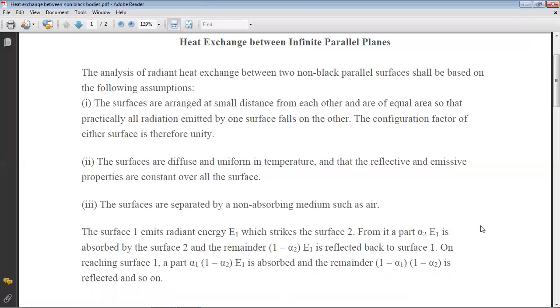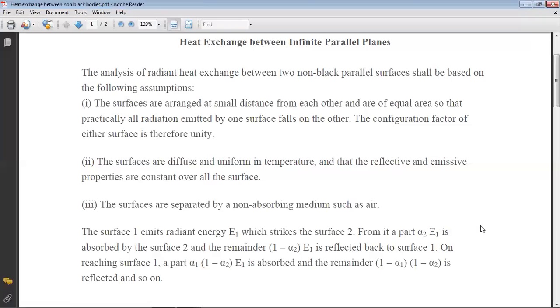From the second assumption, we can say that either emissive properties or reflective properties will remain the same all over the surface. The upper half surface may have an emissivity of epsilon 1 for surface 1, and the same will be there for the bottom half.